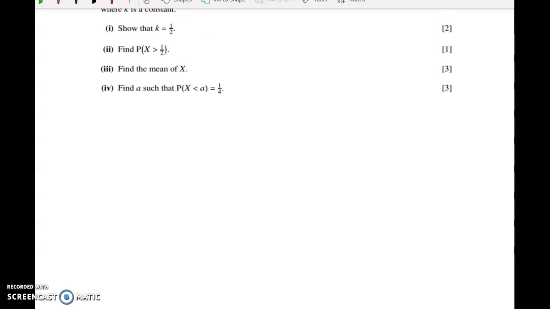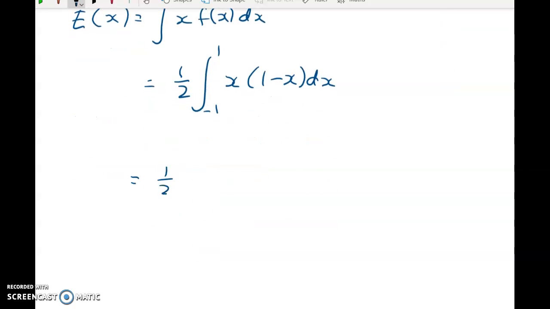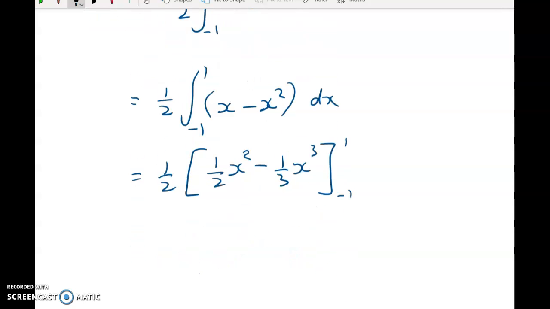Remember, to find the mean of a probability density function, we have E of x is equal to the integral of x times f of x dx. So in this case, it's going to equal 1/2 times the integral from -1 to 1 of x times (1 minus x) dx, which equals 1/2 of (1/2 x squared minus 1/3 x cubed), evaluated at 1 and -1.